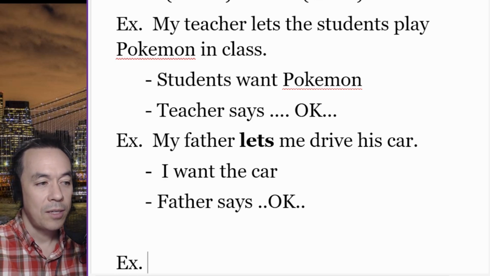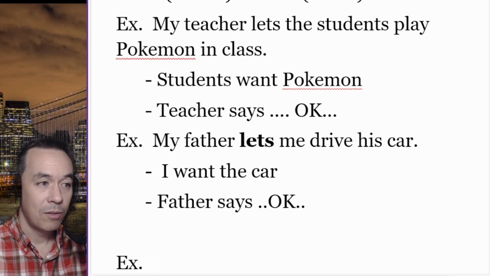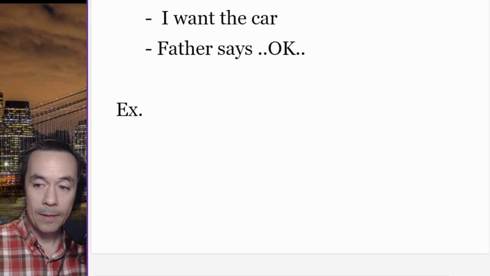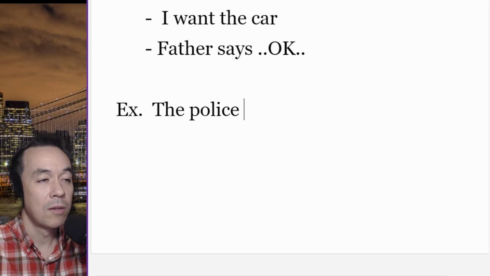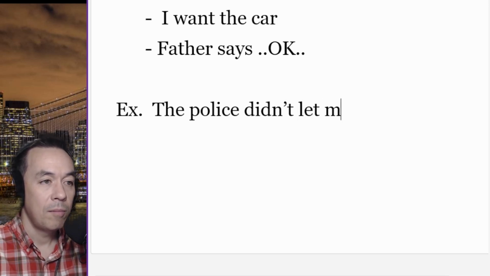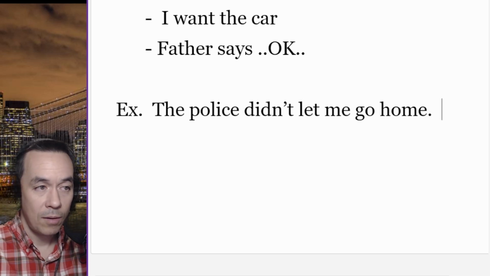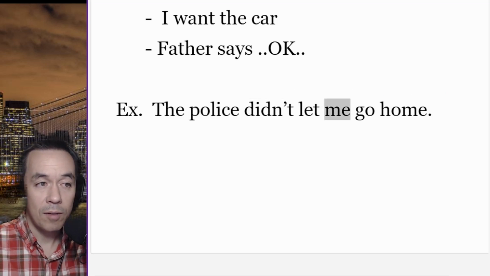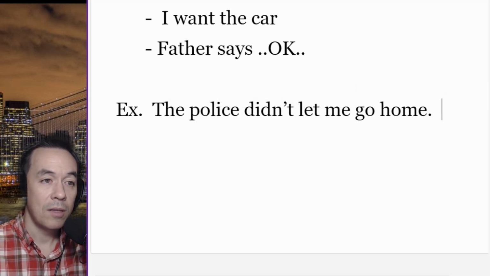Now, if that's tricky, let's go to the negative version. How about, let's say, the police didn't let me go home. Okay, so didn't let. What's good though is that it's still let. First of all, police has the power. I have no power in this case.